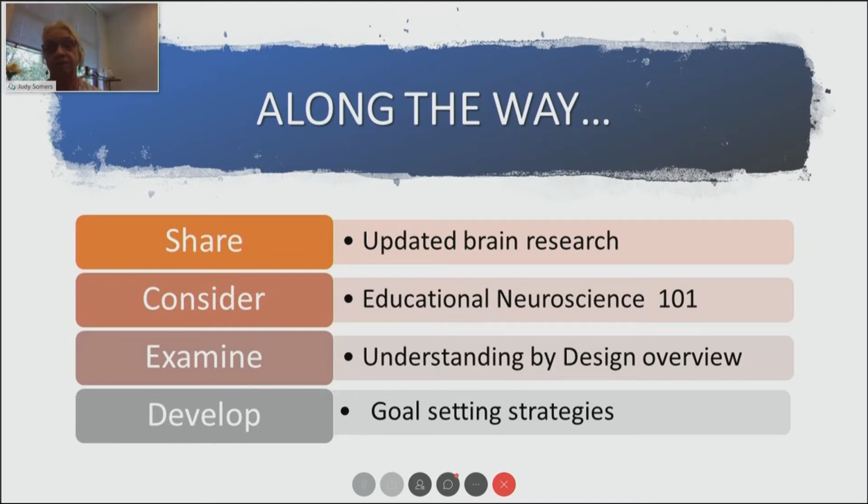It seemed like I might have a lot going on in here, so we'll see how that is going to work. The way this book does it, it starts out giving you the basics of some of the current information on neuroscience, and then it has a chapter on the basics of the UBD, Understanding by Design, curriculum design framework.